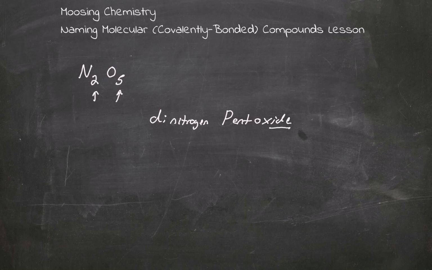And again, it ends in IDE. Why is it not called pentaoxide? All right, a couple things. You do not have AO together. They do not go together. So it has to be pentoxide, not pentaoxide.